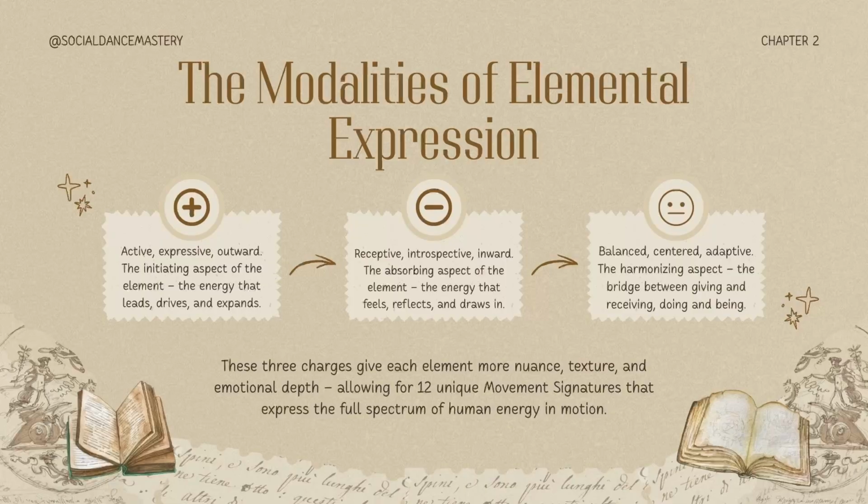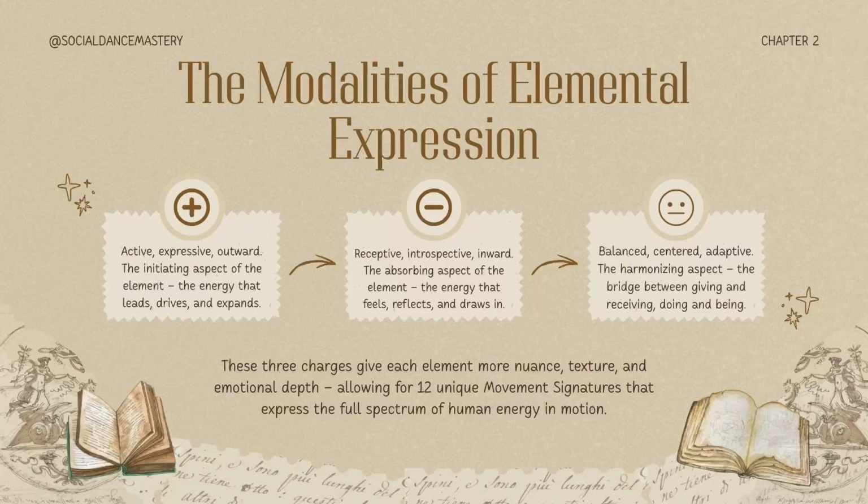The next layer of the dynamic movement model is called movement charges. And this is an even more nuanced aspect of the elemental movement archetypes. This is where things get a little bit more precise and we actually have more agency in how we can respond with our movement.